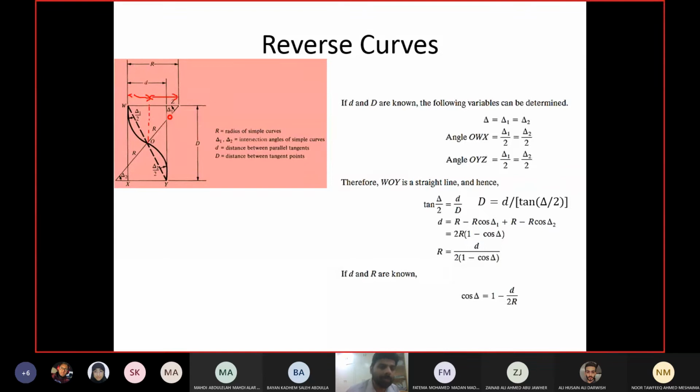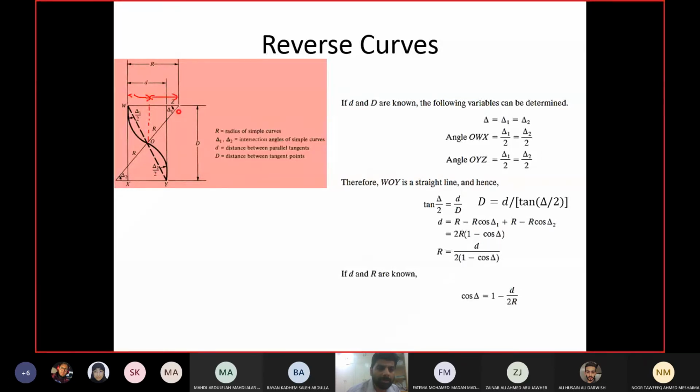Now, if you want the projection of this inclined r on this axis, it will be r cos delta, right? So if I take the projection of r on this axis, it will be this distance, which is r cos delta.